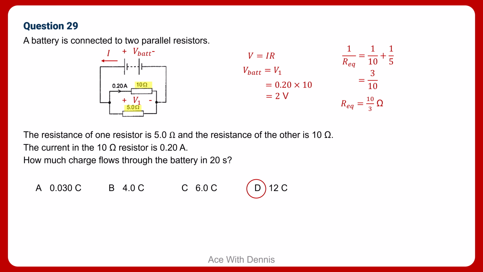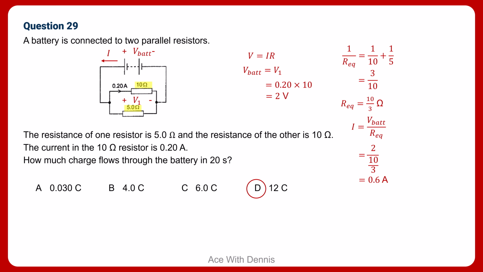So this is the current that flows out from the battery, and we can calculate it with the formula I equals V battery over R equivalent. Then we substitute the values. V battery is 2 and the R equivalent is 10 over 3. Hence we get the current is 0.6 amps.